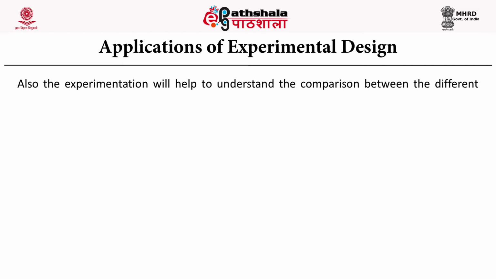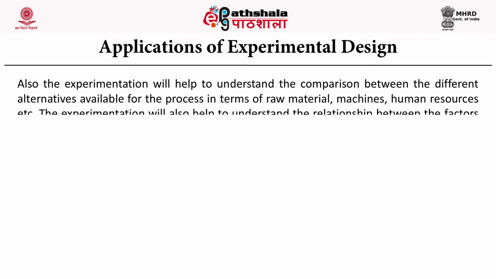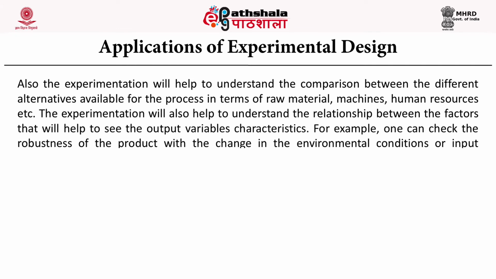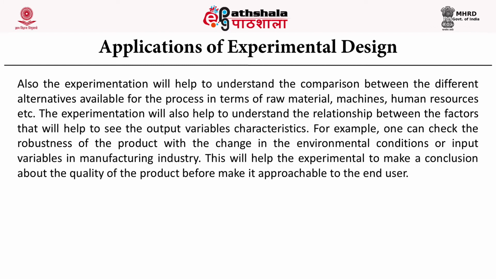Also, experimentation will help to understand the comparison between the different alternatives available for the process in terms of raw material, machine, human resource, etc. Experimentation will also help to understand the relationship between the factors that will help to see the output variables' characteristics.